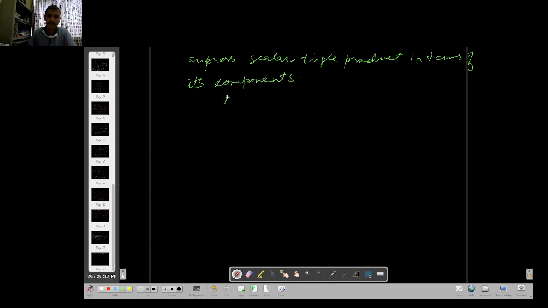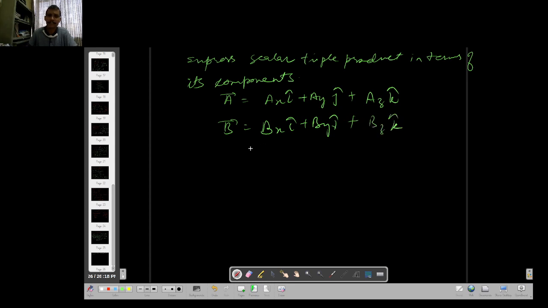So for this let us choose A vector as axi cap plus ayj cap plus azk cap, B vector is equal to bxi cap plus byj cap plus bzk cap, and say C vector is cxi cap plus cyj cap plus czk cap.